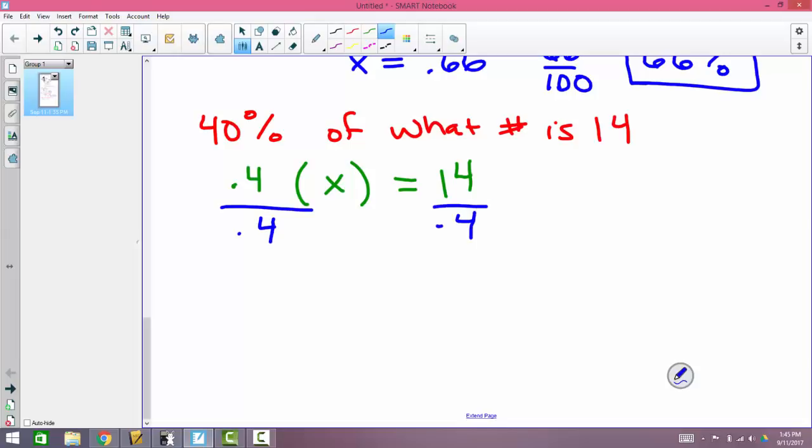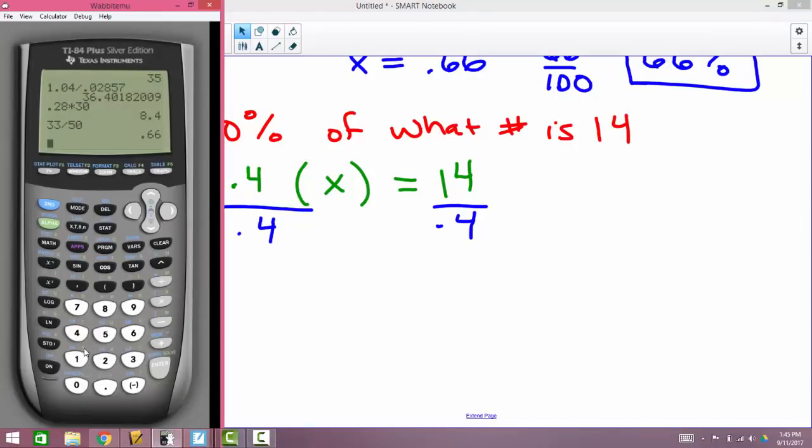So to solve this, you would just divide by 0.4. And then again, before we go dividing, let's just think: 40% of what number is 14? It's going to have to be close to double 14 because 50% of 28 is 14. So it's going to be up there. So in the calculator, 14 divided by 0.4. Oh, we are so blessed to just have a calculator at our fingertips.